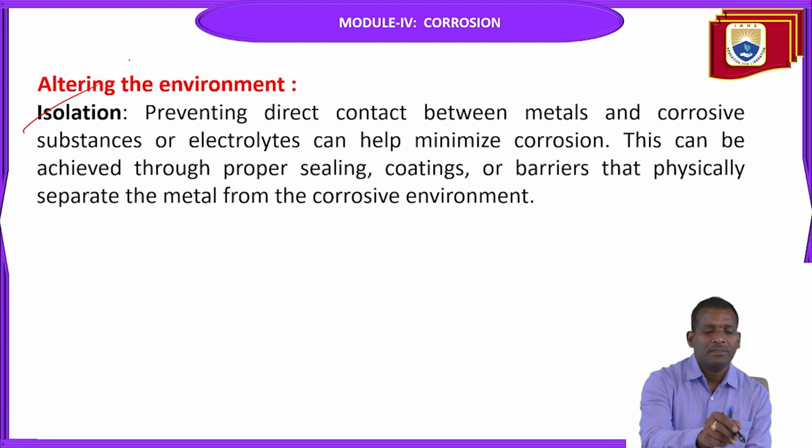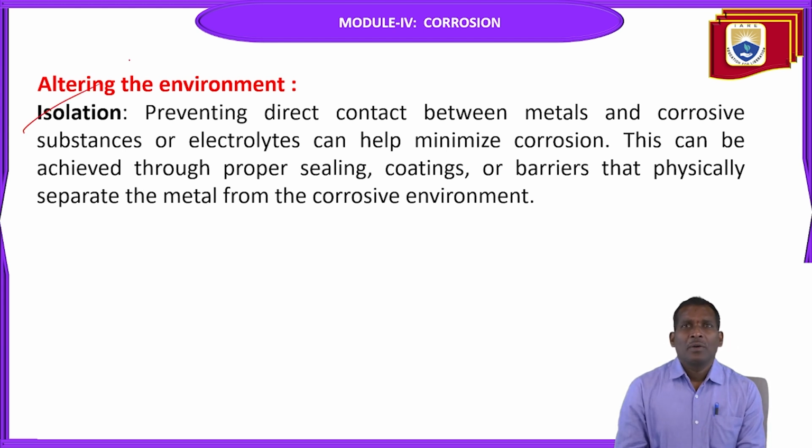Next one is isolation. Preventing direct contact between metals and corrosive substances or electrolytes can help minimize corrosion. So you can prevent direct contact between the metal surfaces and corrosive substances or electrolyte liquids.